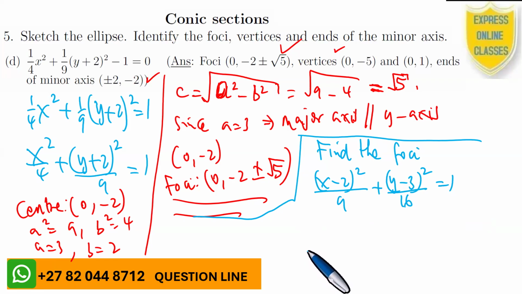And then let's give you some more exercises. Find the foci, number 1.